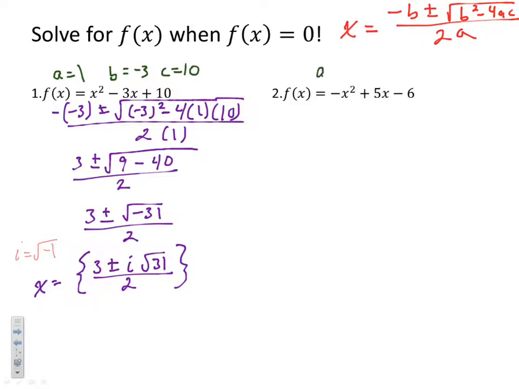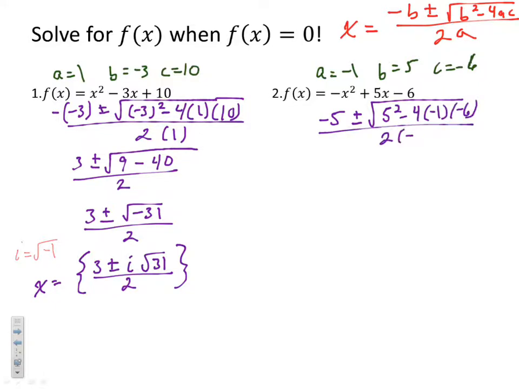All right, so we have a equals -1, b equals 5, and c equals -6. Okay, I'm hoping you could all recognize that now without having to write a, b, and c every time. So we have -b, so it's going to be -5 plus or minus the square root of 5 squared minus 4 times -1 times -6, all over 2 times -1.